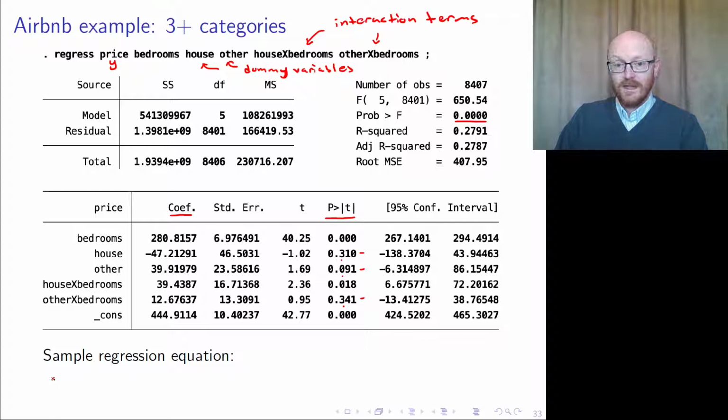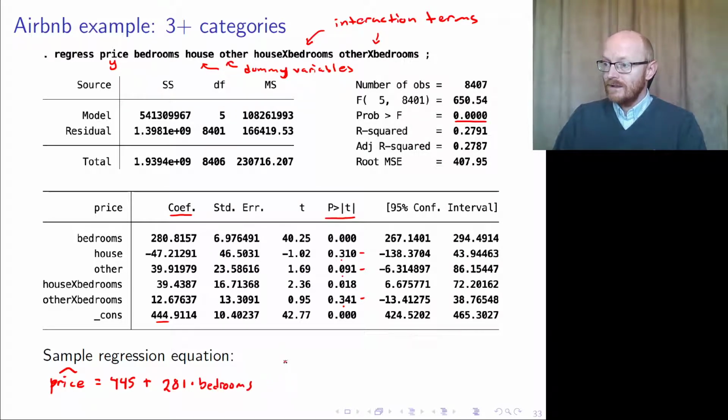Let's see, you would have the price, plus the intercept, which is 445, plus the slope on bedrooms, 281, times bedrooms.